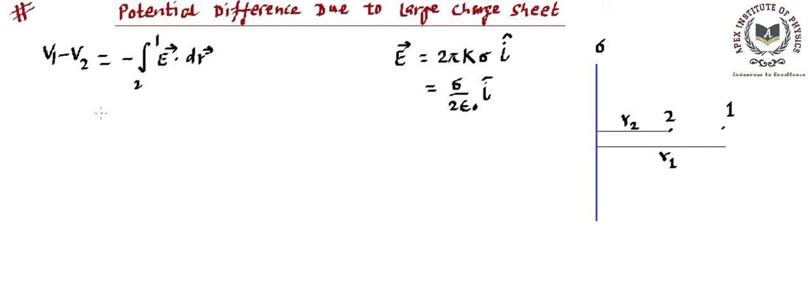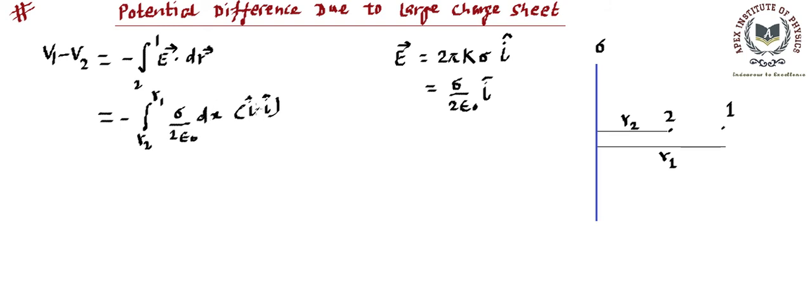So this will convert, from point r2 limit to r1 limit, into σ/2ε₀ times dr, or simply dx, and we will have i cap dot i cap, because in this case the dr vector will be dx i cap.